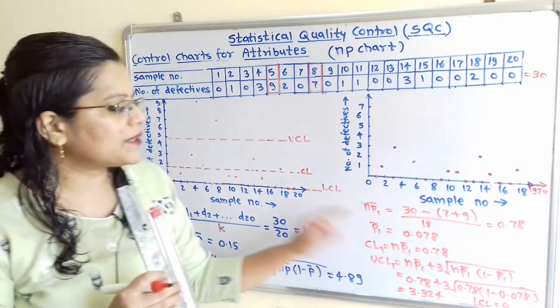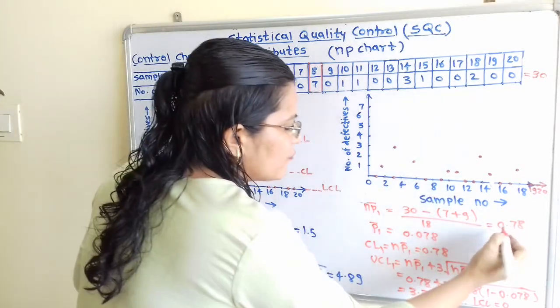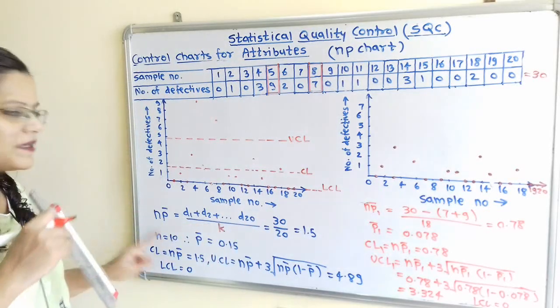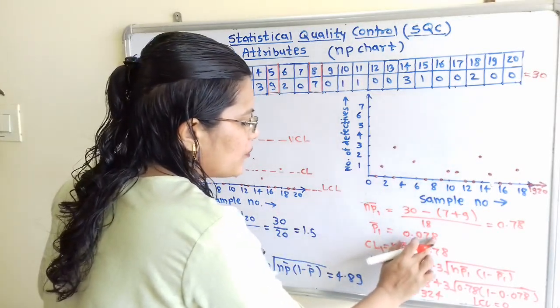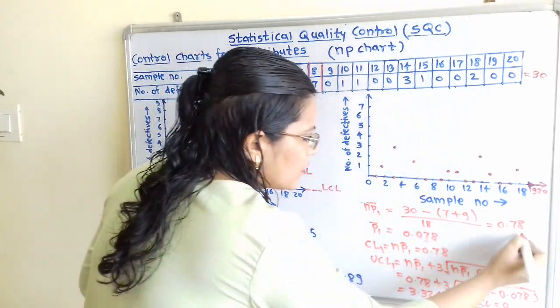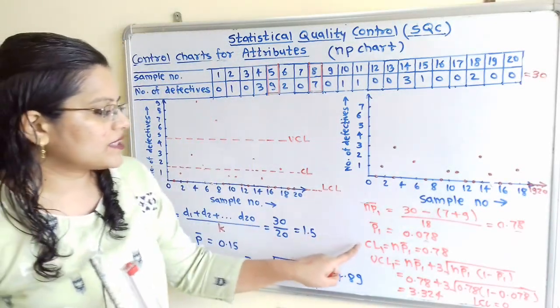Now we will calculate P bar. So how to calculate P bar? If we divide this value by 10, because n is equal to 10, as mentioned in the question, then we will get P1 bar equal to 0.078. Now these two values are important to calculate the upper control limit and lower control limit. So what is the center line?